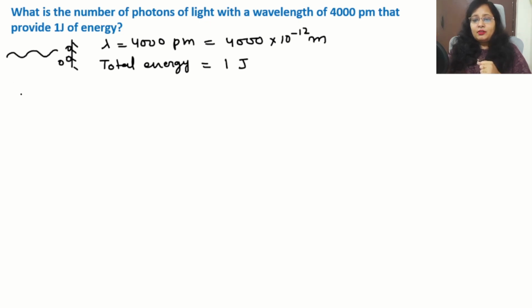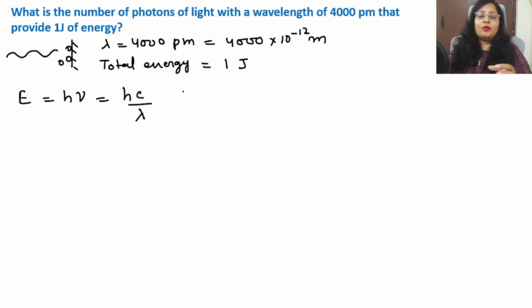So here we have a formula for the energy. E is equal to h mu, or one more way we can write is E equal to hc by lambda. As lambda is given, we will use the energy formula in the form of lambda, where h is Planck's constant.